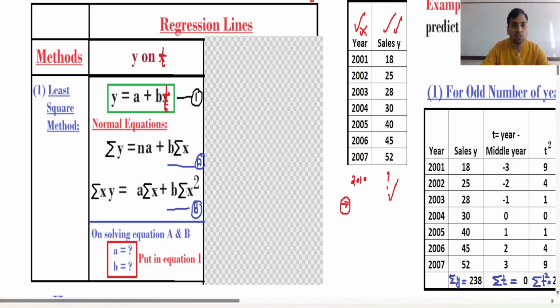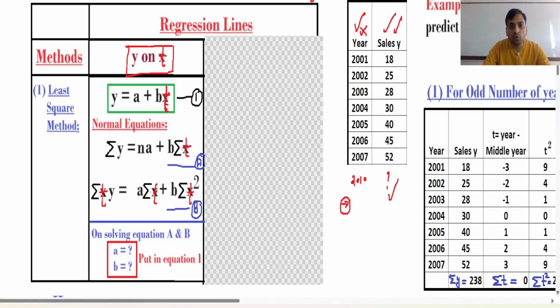So now the form is y is equal to a plus bt, and all the x are replaced by t. Now this is the format y on t, y is equal to a plus bt. So now your target is to find first a, then b, then put into this equation. Then you will get the trend line, or we can say a regression relationship for sales with respect to time.